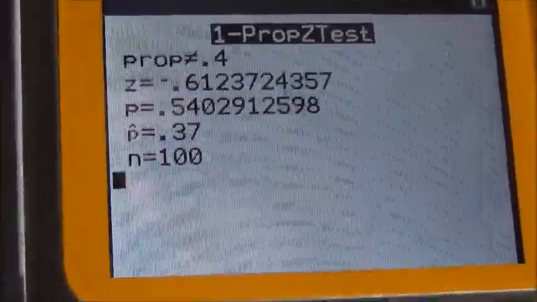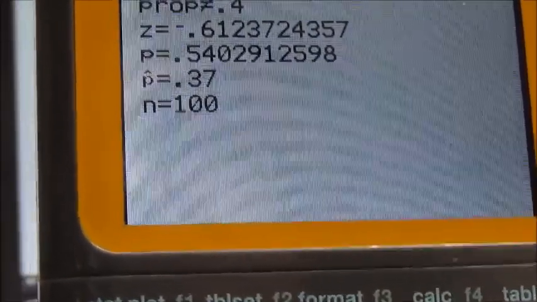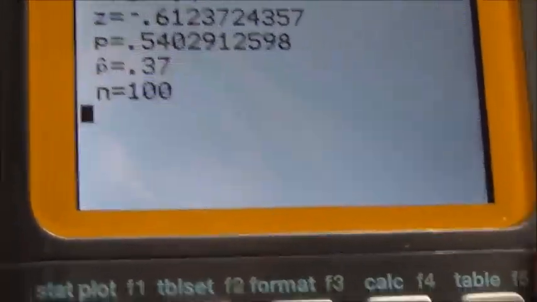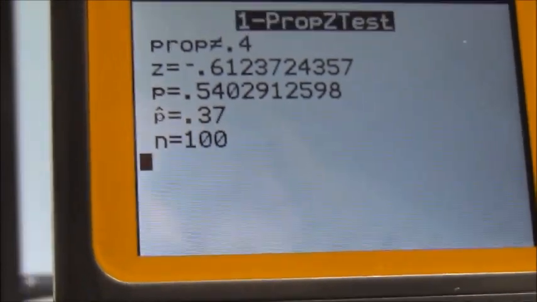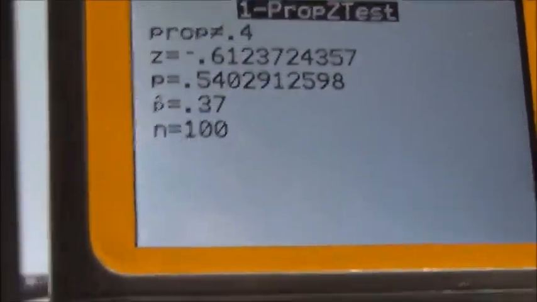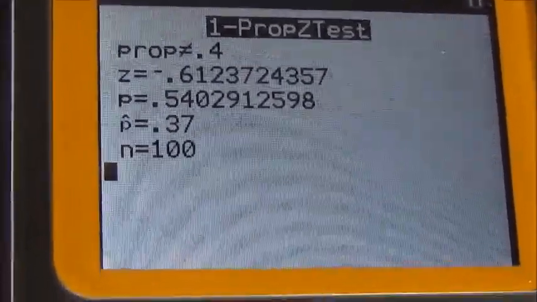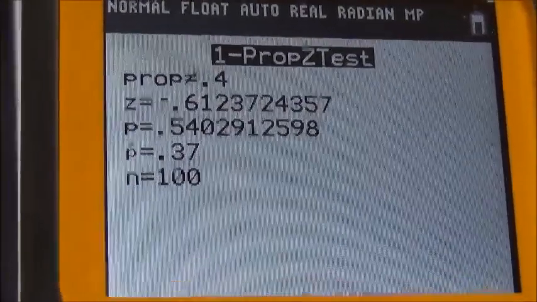P hat is 0.37. Now you see that it's 37% there, and n is 100. So you may have to calculate your n value in this case because it was out of 100. 37% of 100 was 37, and that's why we used that x equaled 37.